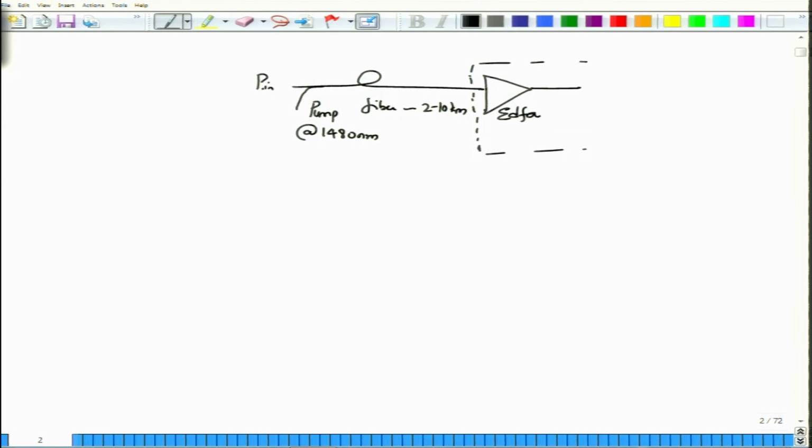So, this is the input that you sent out. However, at the same site you can also send in the pump power, which let us call P with a subscript of p to denote this is pump power. This pump is now at 1480 nanometer.